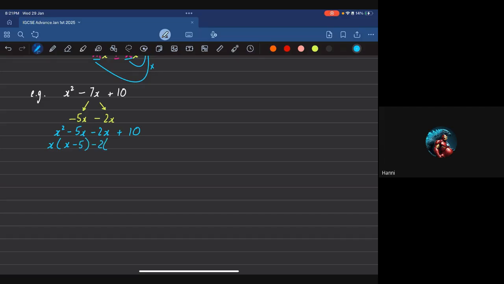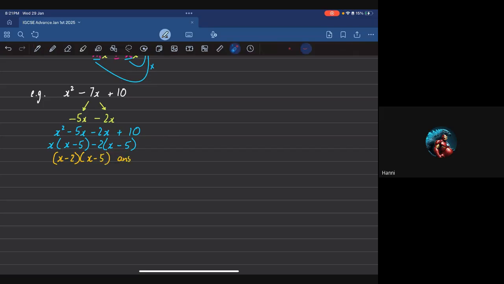Now if I take minus 2 out common, it is x minus 5 in the second bracket. Because these two brackets are repeating, I can simply rewrite this as x minus 2, x minus 5 as your answer.